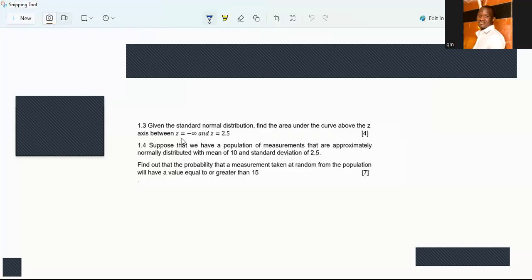Let's answer that. So what is the reading between negative infinity and Z equals 2.5? So the illustration is what? Negative infinity to 2.5. 0 is here, 2.5 is here. So what do we do in this case? We're looking at this big shaded region, right? So do we subtract from 1 or read direct?